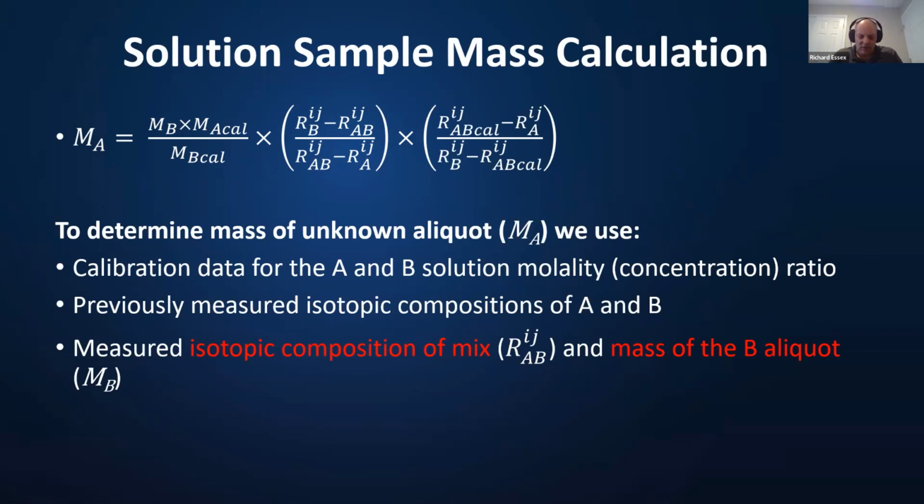And the way we chose to do this calibration is, although we were looking to measure a few milligrams of solution, we could take a couple of starting materials and then use macroscopic aliquots and mix those.